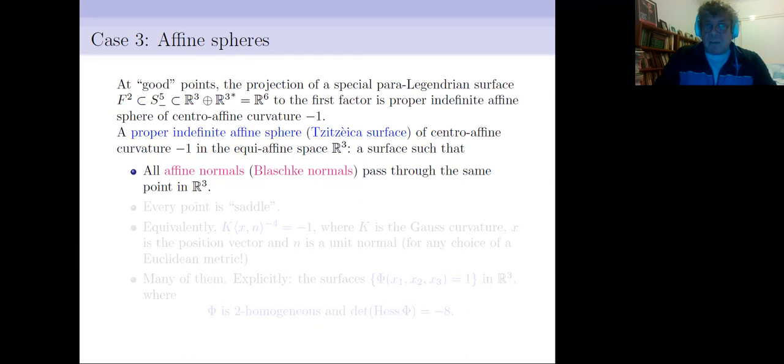But that 3-dimensional space has no inner product, no metric. It's affine space, only affine. More precisely, it's equiaffine. So we have the linear space R3. We have a flat connection, just the usual connection, parallel translation of vectors from one point to another, just what we know from primary school.